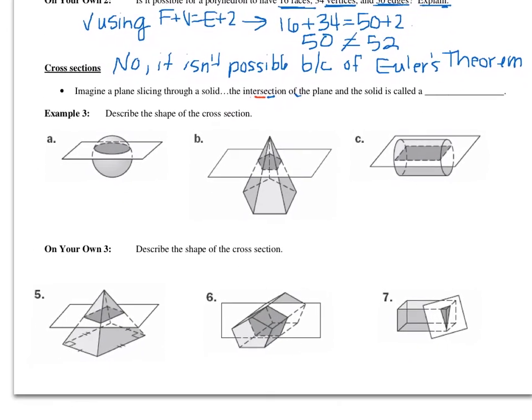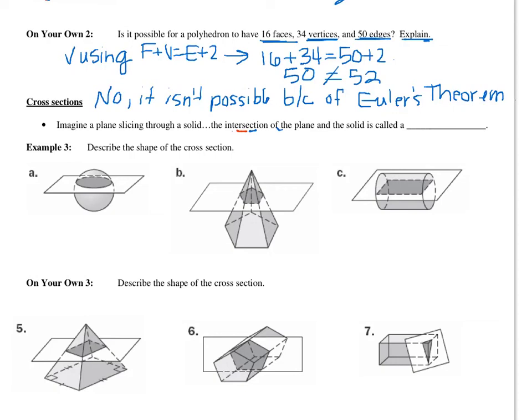All right, let's look at cross sections here. This is our last part of this lesson. It says, imagine a plane slicing through a solid. The intersection of the plane and the solid is called a cross section. So on here they're kind of drawn. It says, describe the shape of the cross section.